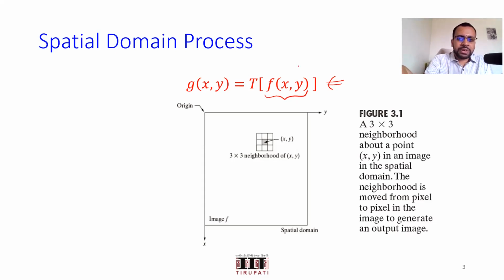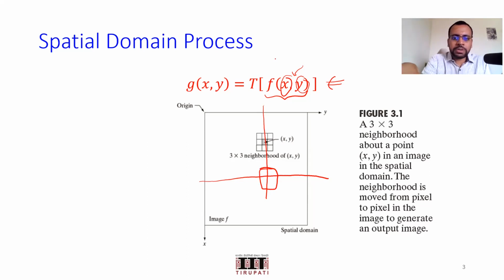And this f of x, y gives you the intensity of the pixel whose location is indexed by x comma y. Let's say x could be the row value, y could be the column value. Now f of x comma y gives you the intensity value at this pixel.